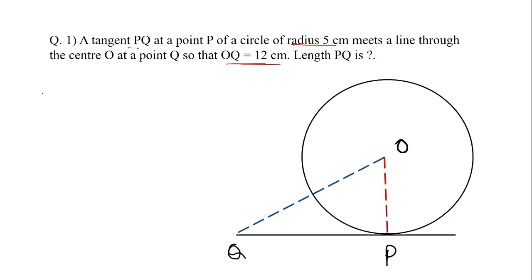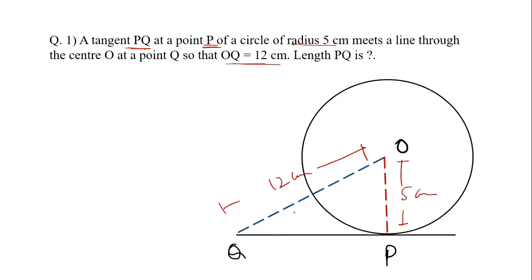PQ is the tangent, and point P is the point of contact of the circle and the tangent. First we have to draw the diagram and label it properly. So the radius OP will be 5 cm, and OQ is 12 cm.